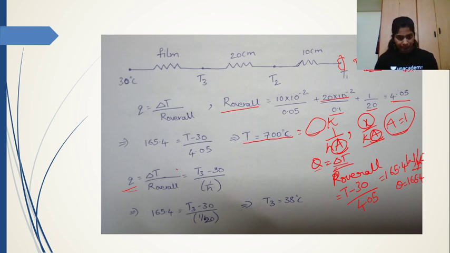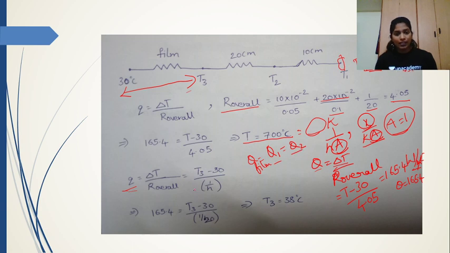So let us consider the film. The rate of heat transfer in each process will be the same, that is, Q will be the same in each process: Q film is equal to Q1 is equal to Q2, right?